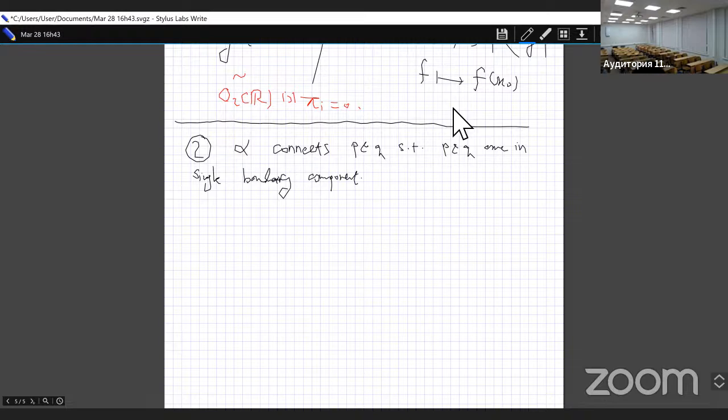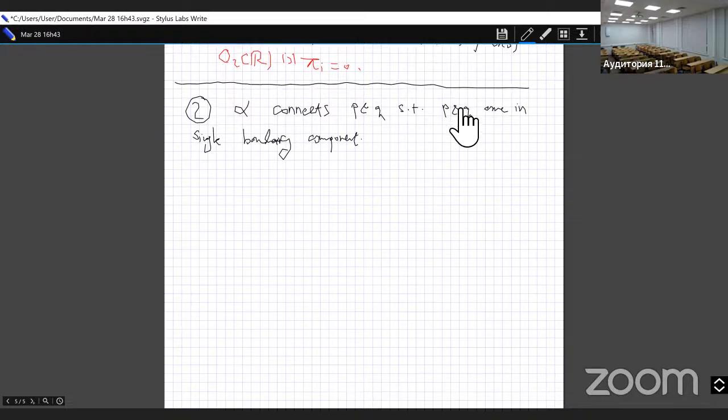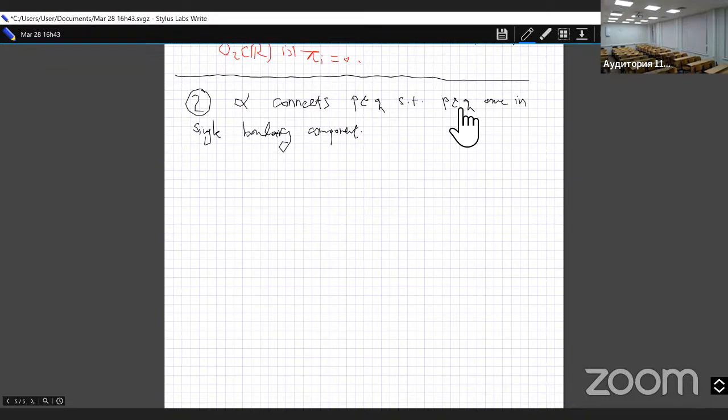Okay, so just as a picture, it is like this. We have S here, something we don't know what's inside, and P here and Q here, and alpha does this. This is S.